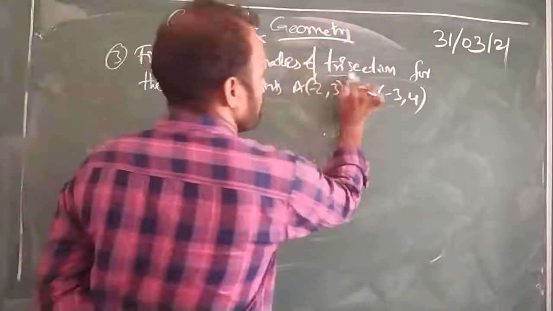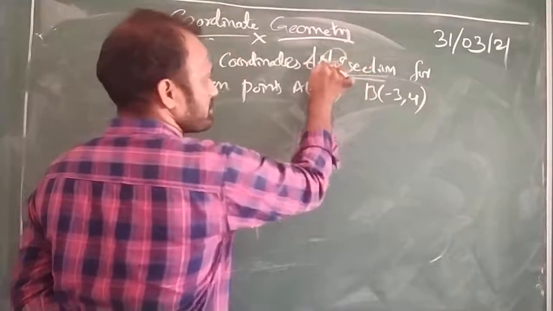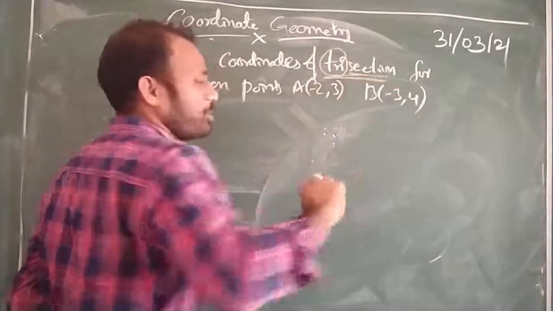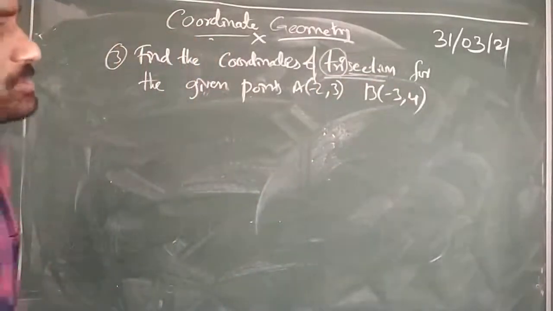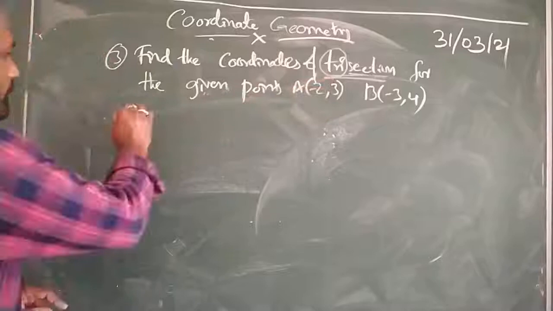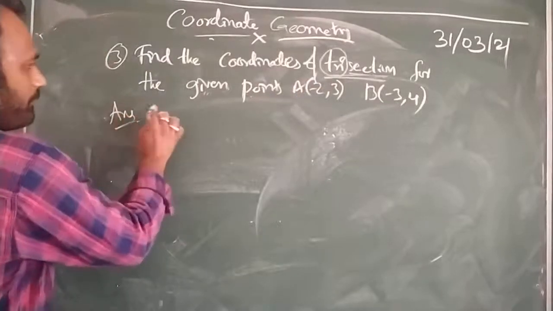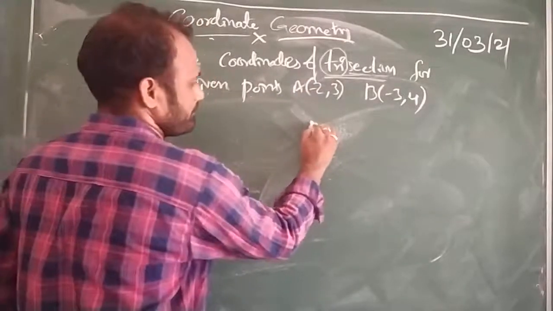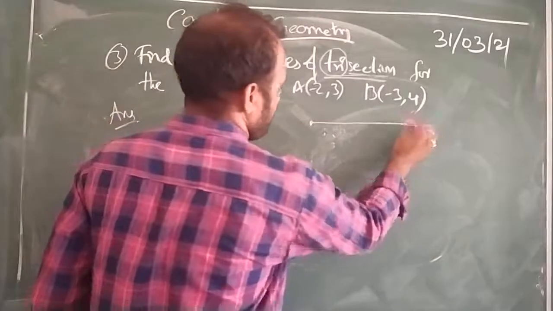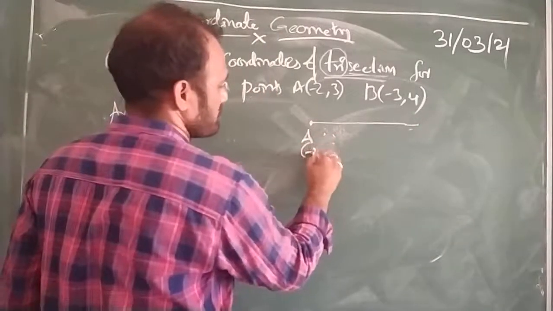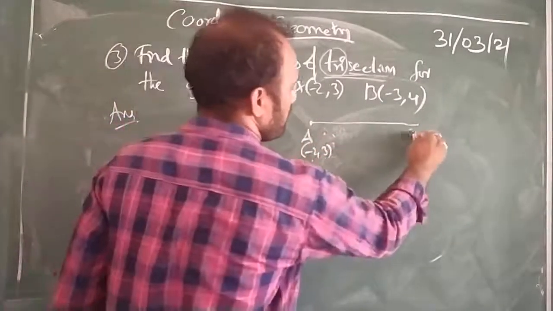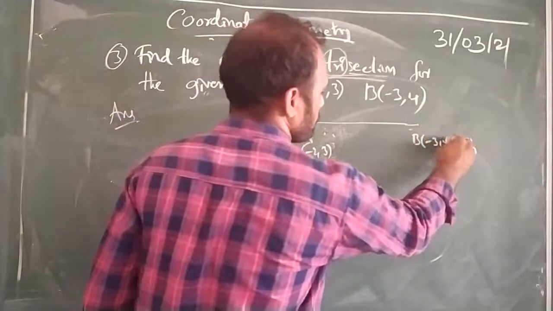So observe this word trisection. Tri in the sense 3 and section means we have to use the section formula. He has given 2 points here: point A which is minus 2, 3 and point B which is minus 3, 4.